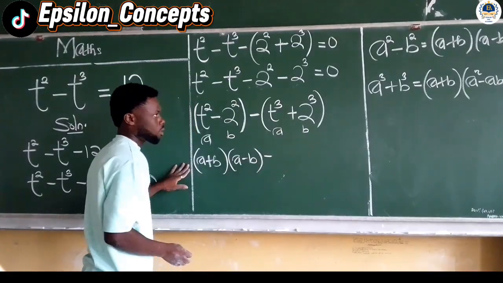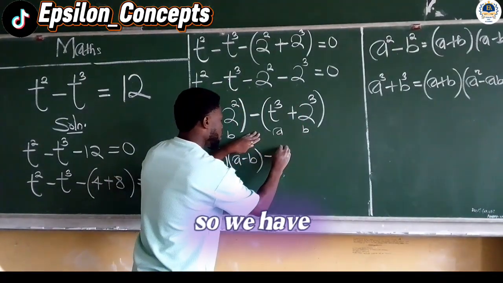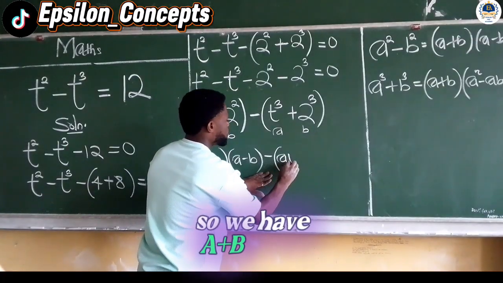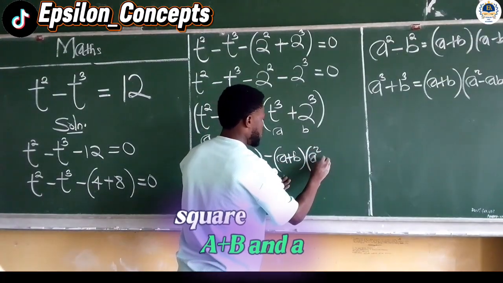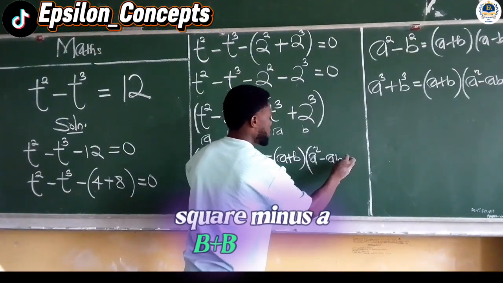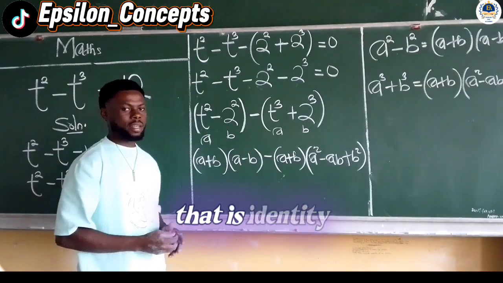Considering the second, we have a plus b and a squared minus ab plus b squared. That is the identity.